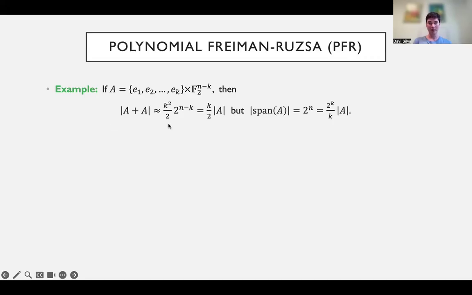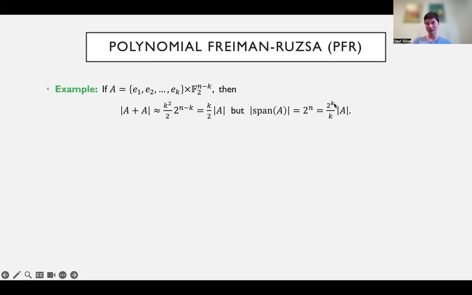And then a simple computation shows that the size of A plus A will be k divided by 2 times the size of A, where k is the number of basis vectors that you take here. But the span of A, meaning the smallest subspace that contains the set A, is the whole space F2 to the n itself, because this set A generates F2 to the n.